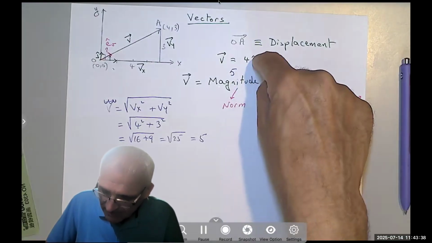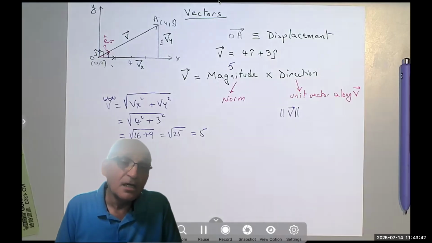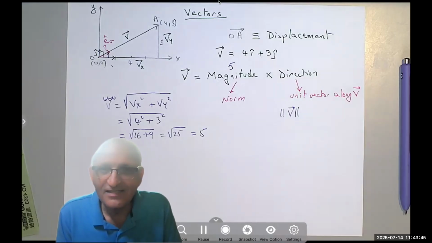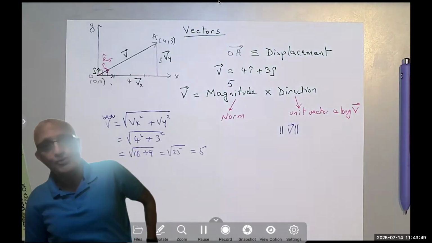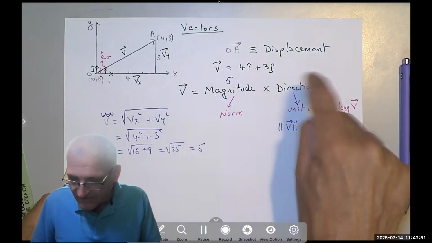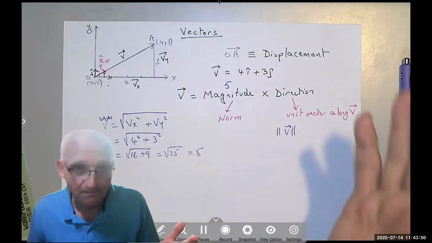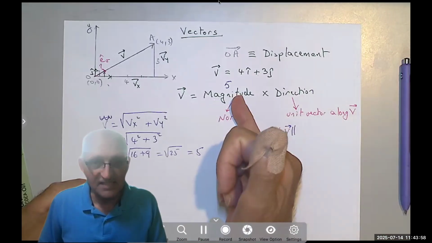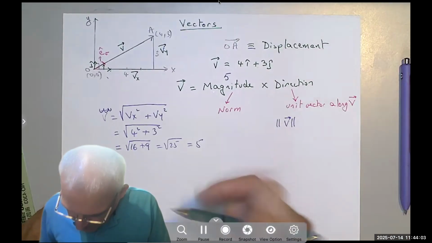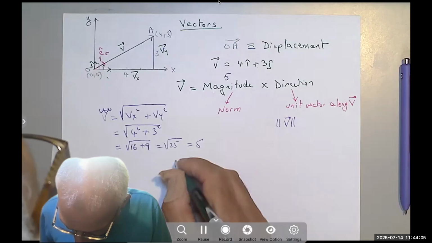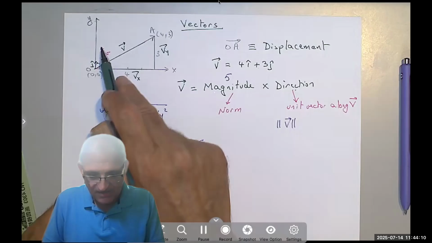If this is the vector and that's the magnitude, how do I find the direction? Many students have trouble in the beginning and then they say, oh, of course, in algebra, if I tell you V equals M times D, so how do you find D? Don't you divide both sides by the magnitude? Exactly, that's what we are going to do here. So we are going to say the direction, which is E sub V. That's, remember we said the direction we are going, which is this guy.